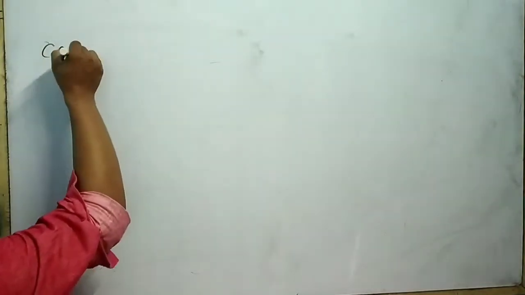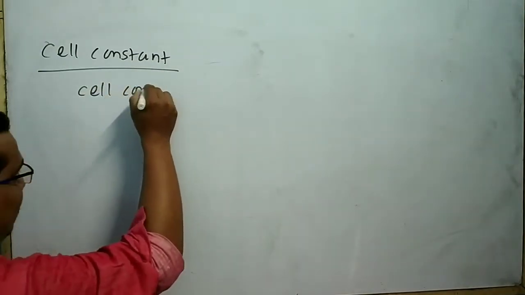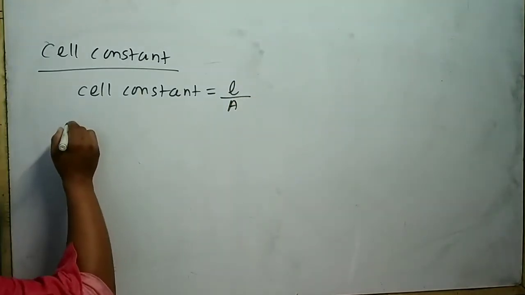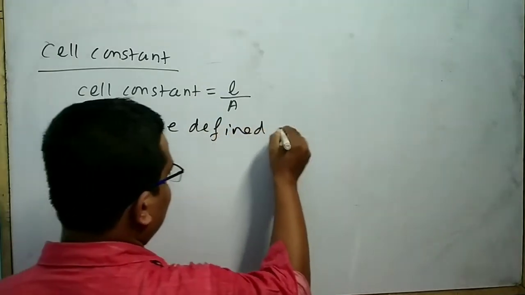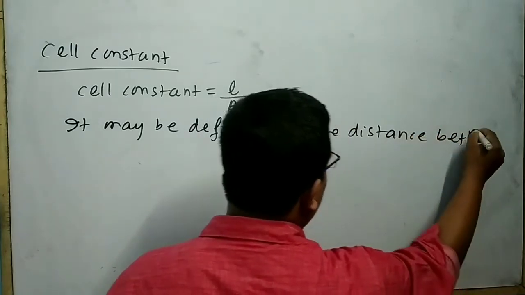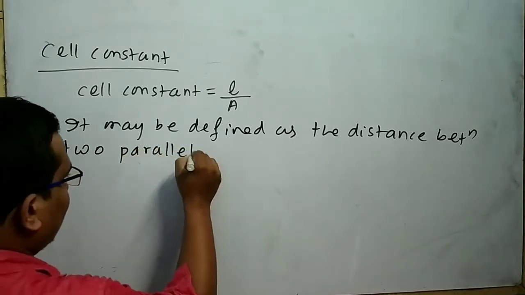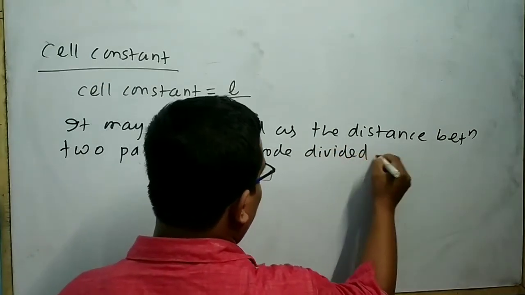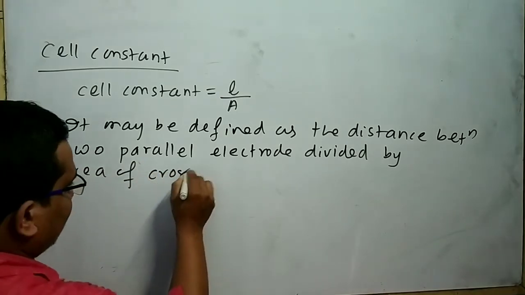Next, I will explain about the cell constant. Cell constant equal to L by A. It may be defined as the distance between two parallel electrodes divided by area of cross section.